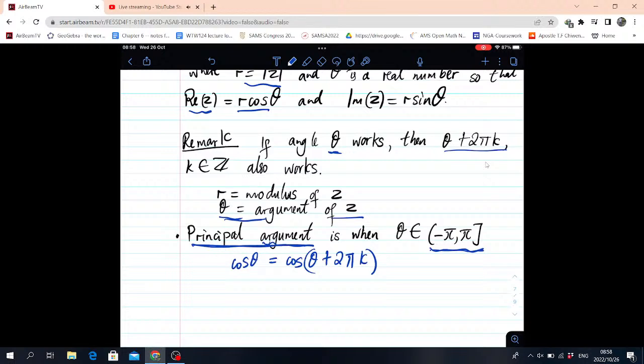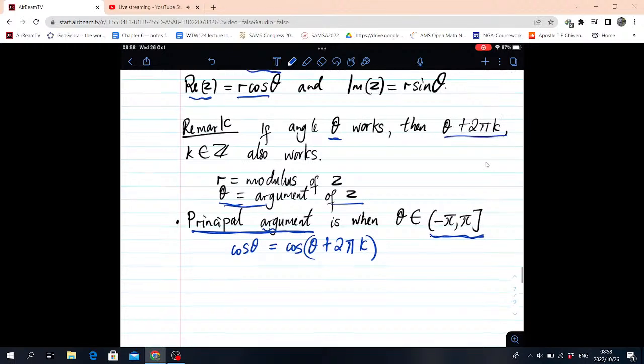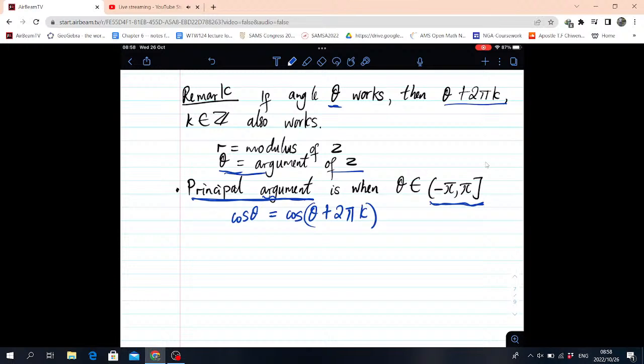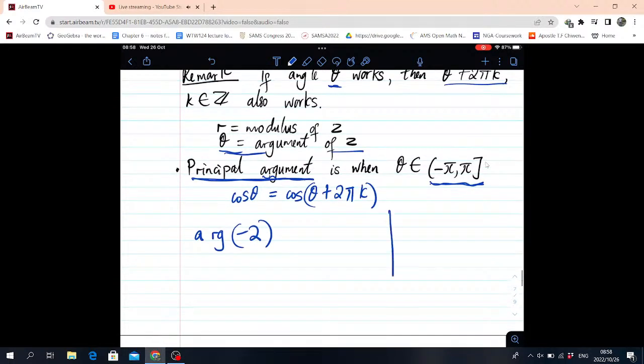Right. So just as examples to see what the arguments are. If you think of the argument of the complex number -2, then I've got the real part there, the imaginary part there.